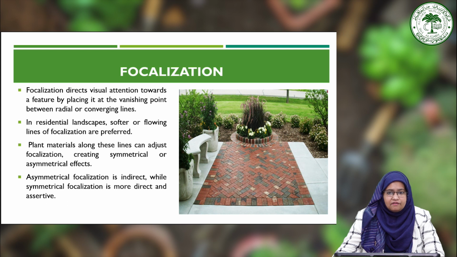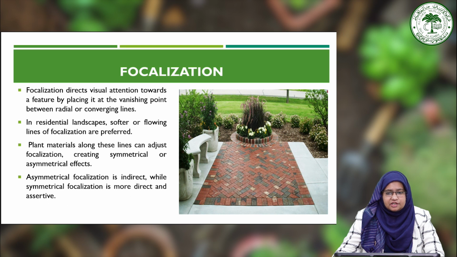Generally, weaker or flowing lines of focalization are desirable in the residential landscape. Transition of plants or other objects along these lines can strengthen or weaken the focalization. Curved lines are stronger when curved toward each other than curved outward. Indirect focalization is created by lines curved in the same direction.